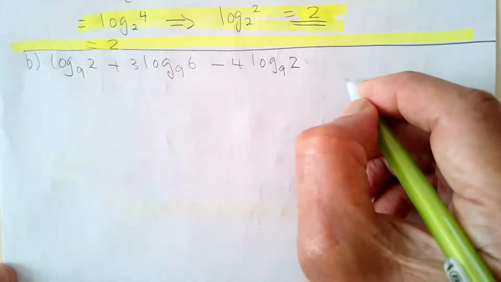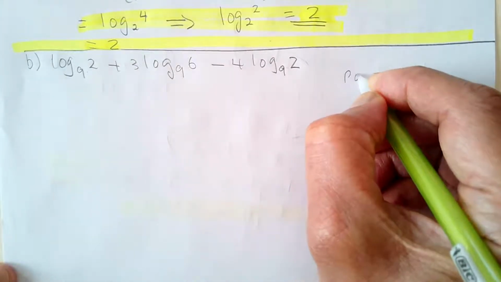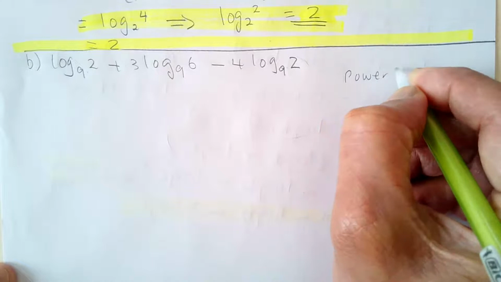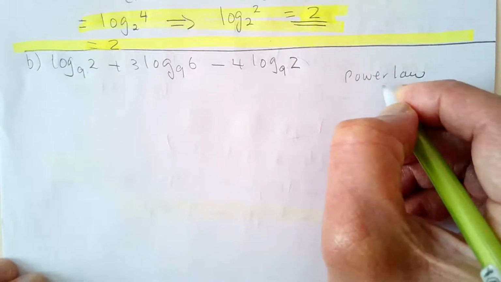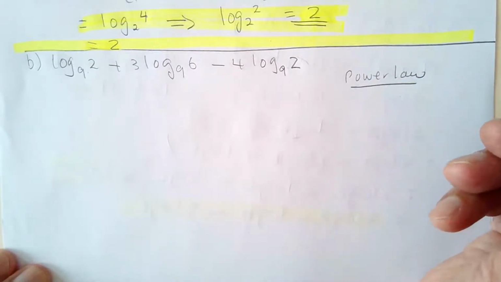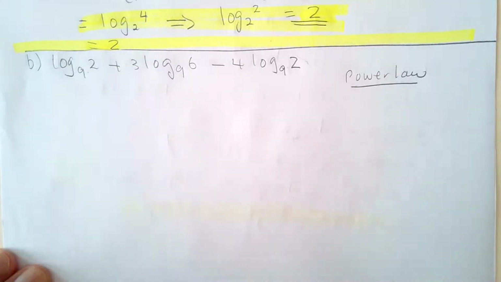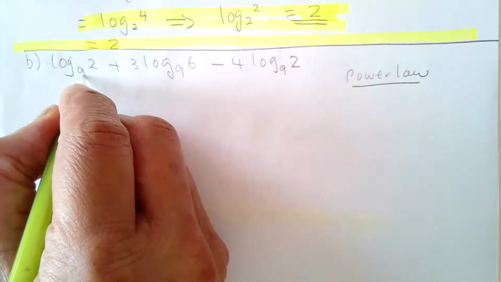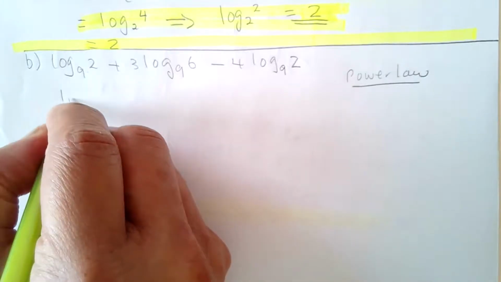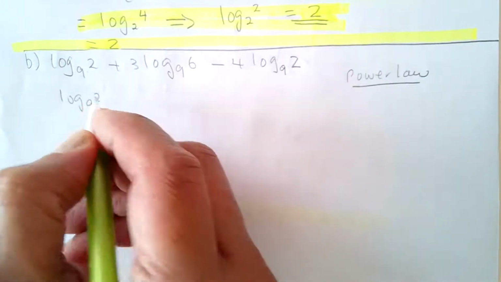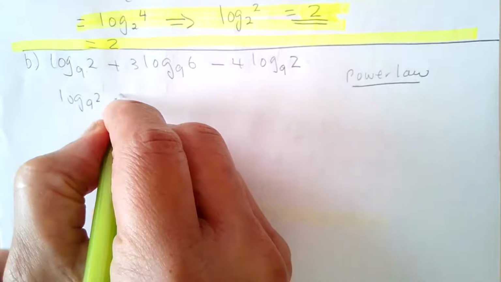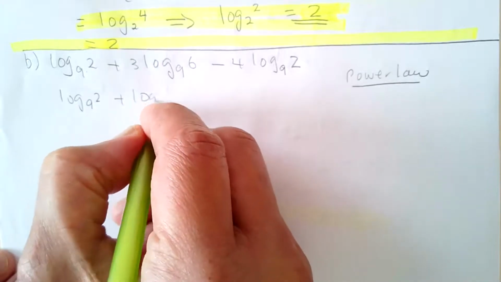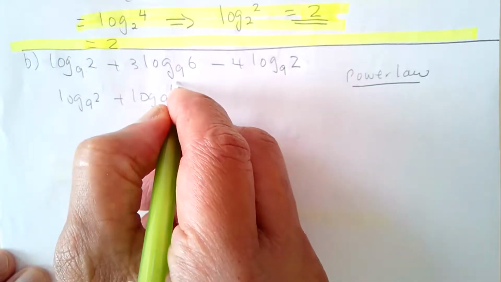We could use the power rule. So here is our power law. And this remained as it is because it becomes log 9 of 2 plus log 9 of 6 to the power of 3.